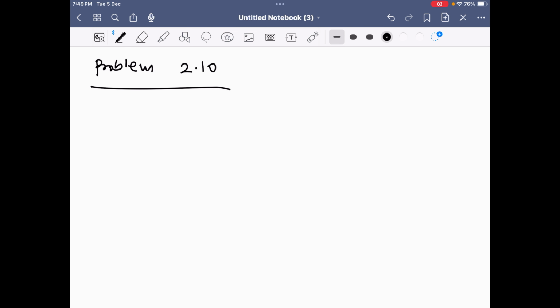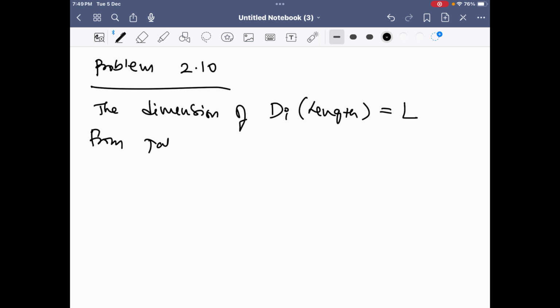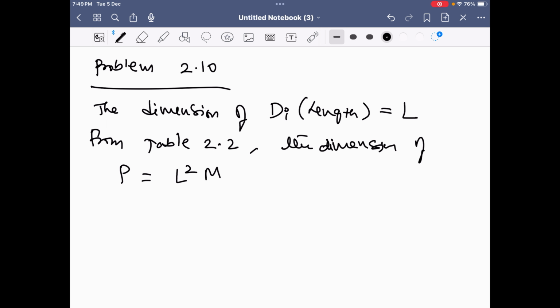Problem 2.10. So, let us write the dimension of each parameter. The dimension of Di is nothing but length, L. From table 2.2 in the book, you can check, the dimension of P is L square m t power minus 3, and the dimension of rho, the density, is L power minus 3 m, kg per meter cube.